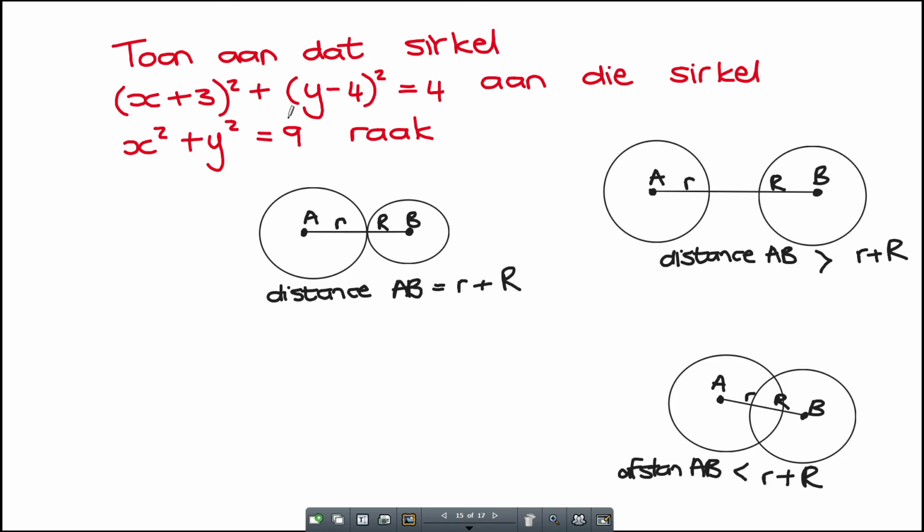What would the midpoint of this first circle be? Kom ons sê midpoint A. Dit gaan wees minus 3 and 4. Okay, nou kom ons sê, wat is die middelpunt van circle B? 0, 0.